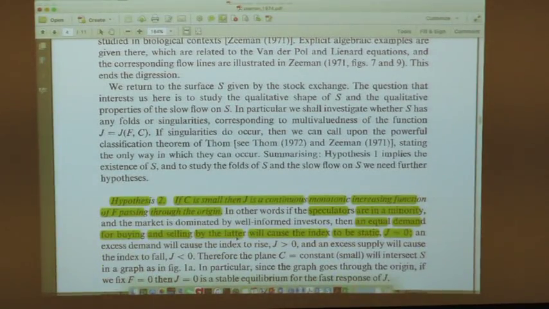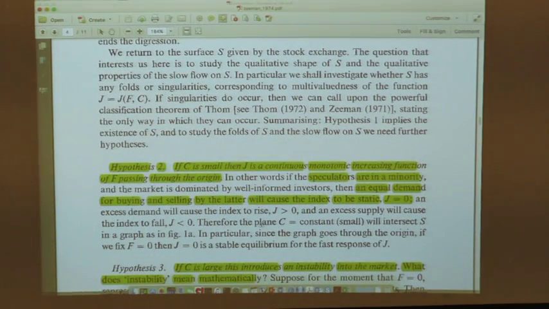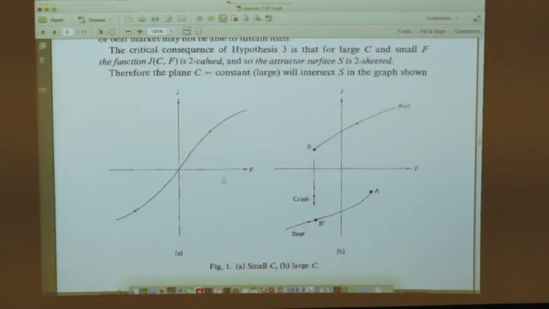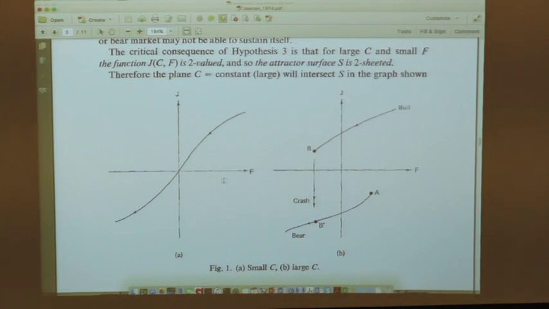That's one, and hypothesis two is if C is small, that is, speculators are few, then J is a continuous monotonic increasing function of F passing through the origin, something like this on the left hand side, A. So when the speculators are very, very small, the market is some kind of smooth monotonic equilibrium market.